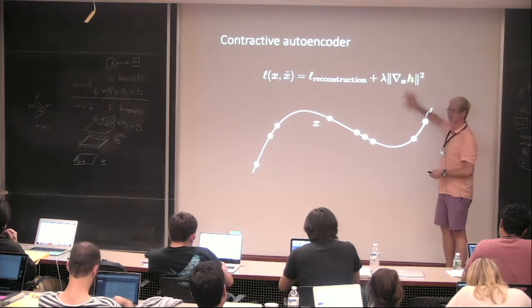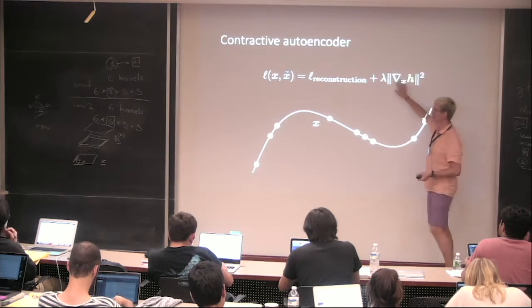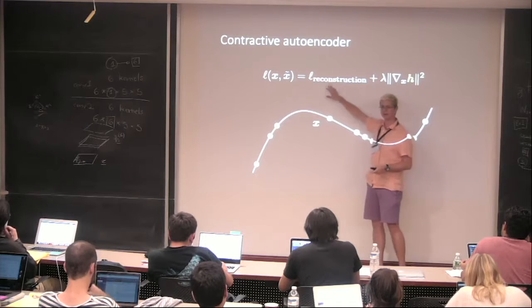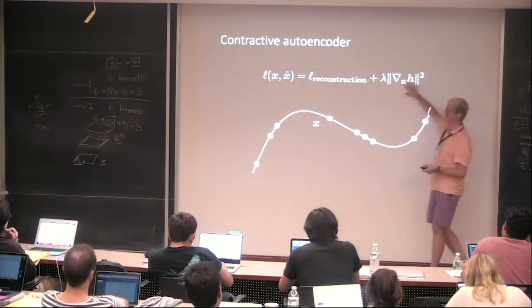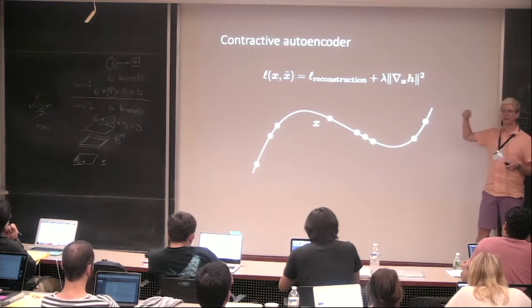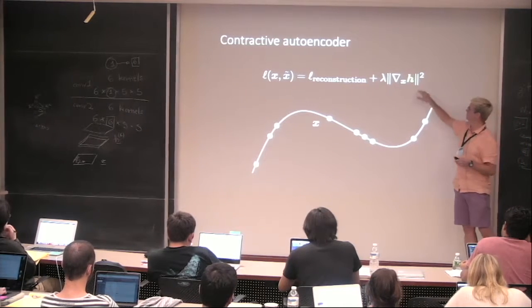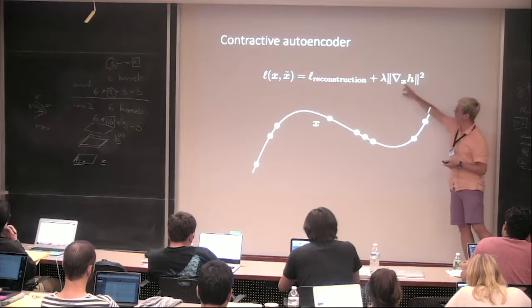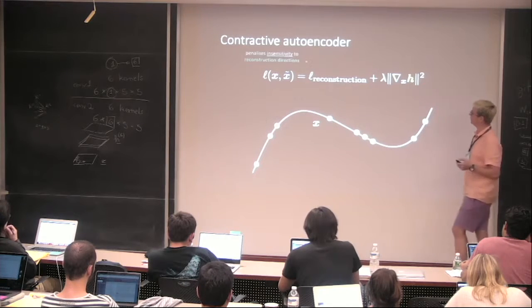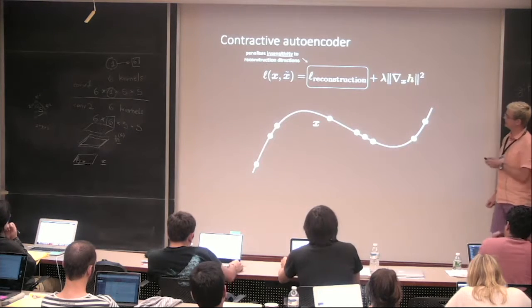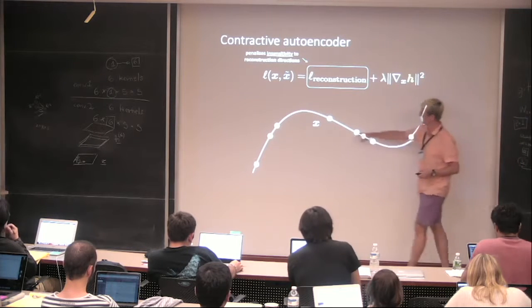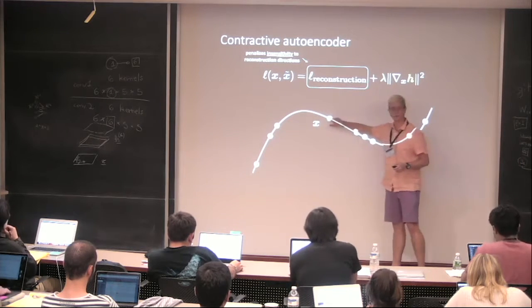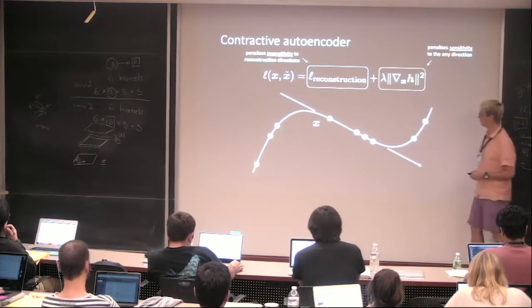Okay, so this alone doesn't work. This one is trying to reconstruct, whereas this is trying to avoid any kind of variability of my hidden state with respect to every direction in the X. So how does it work? The first part penalizes insensitivity in the reconstruction. In this case, my X can move in this direction, right?